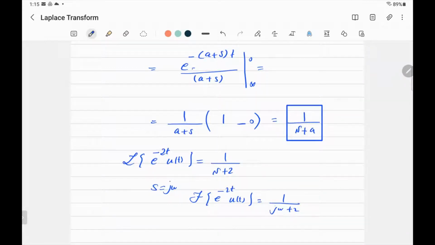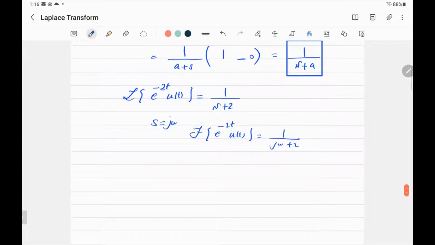If you want to convert from Laplace to Fourier transform, remember we said that the Fourier transform is a special case of Laplace. Why a special case? For a simple reason. s is equal to sigma plus j omega. That's s, which has two parts, real and imaginary. Fourier has only j omega.